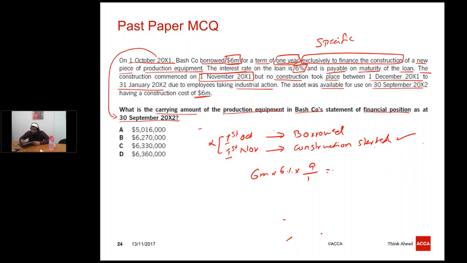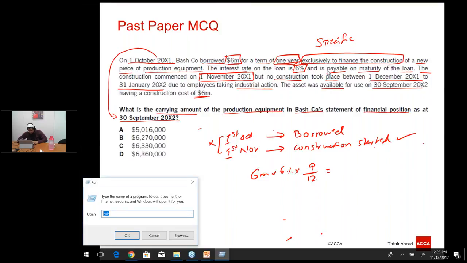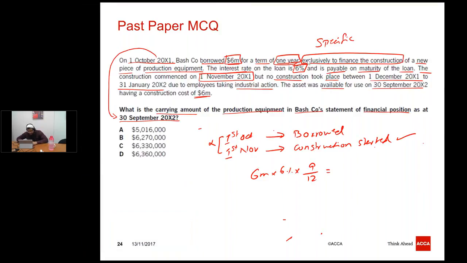9 by 12. Why 9? Because we have excluded 3 months. October month excluded because the construction has not yet started. December, January excluded because the construction was suspended temporarily. So removing that would become a total of, I'm running a calculator again.